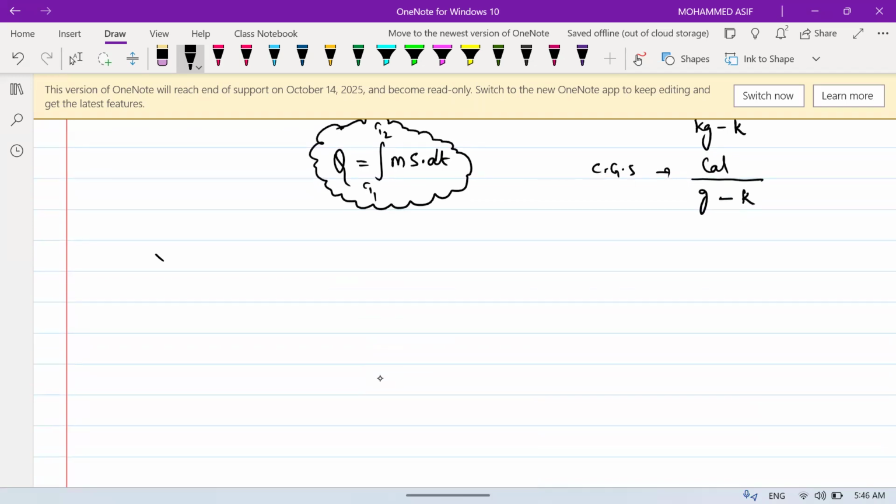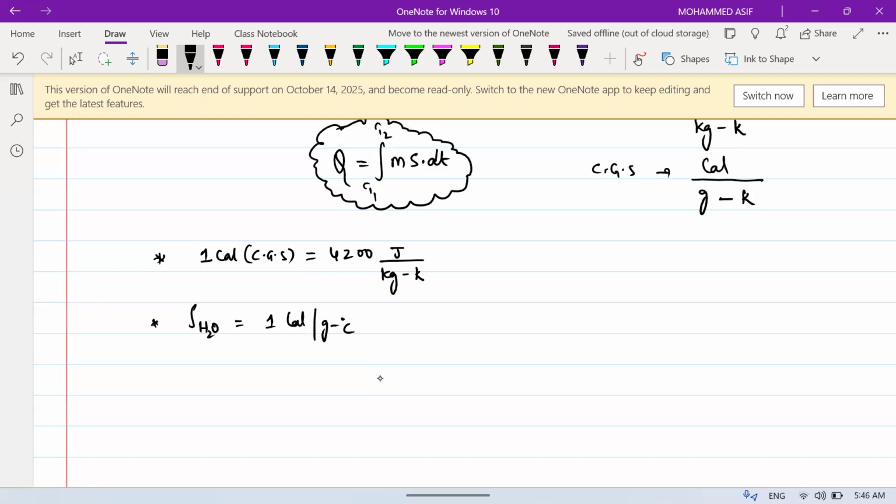I already told you, 1 calorie is equals to 4200 joule per kg Kelvin. And the specific heat of water is generally taken as 1 calorie per gram degree Celsius. That is also taken as 4200 joule per kg Kelvin or degree Celsius.